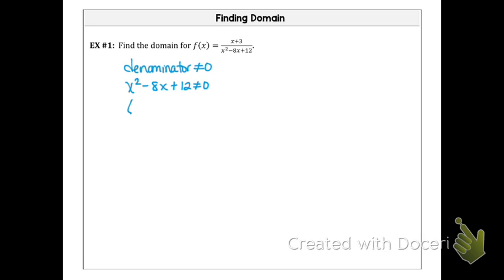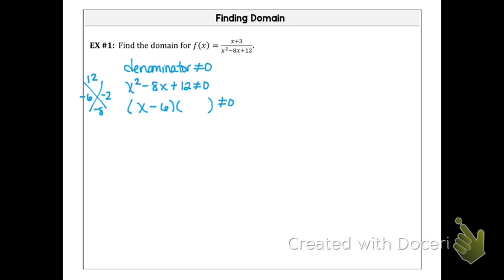And so we factor this out. We can use our x box. It's got to multiply to 12 and combine to negative 8. So let's see, what is that? Negative 6 and negative 2.